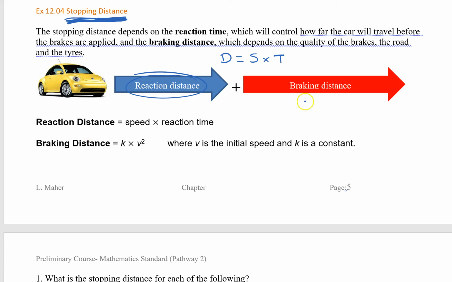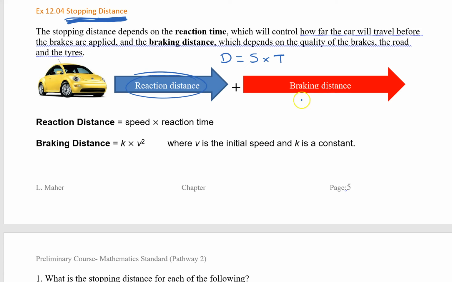The braking distance isn't that simple, and we're usually given a formula for calculating it. There are many factors that influence the braking distance. Obviously, the speed of the car is one, the quality of the brakes, the surface of the road, the quality of the tyres to actually grip the road.